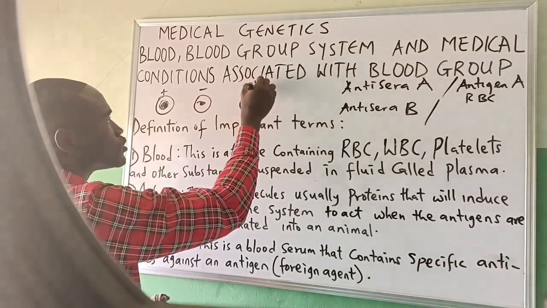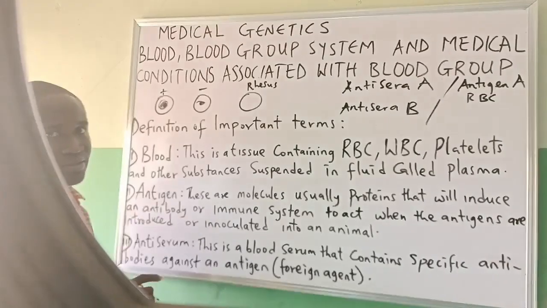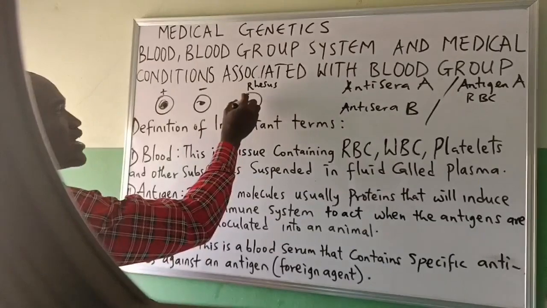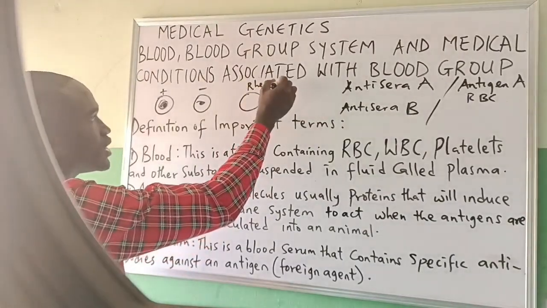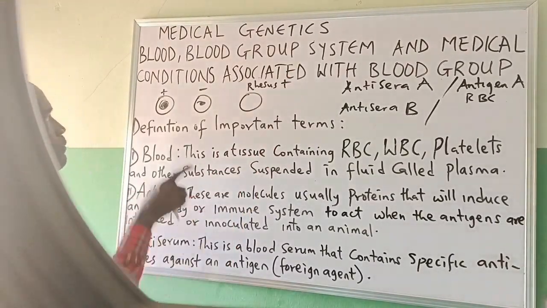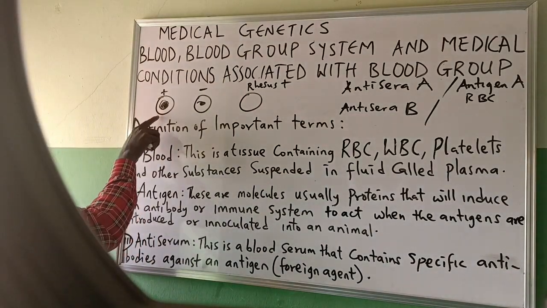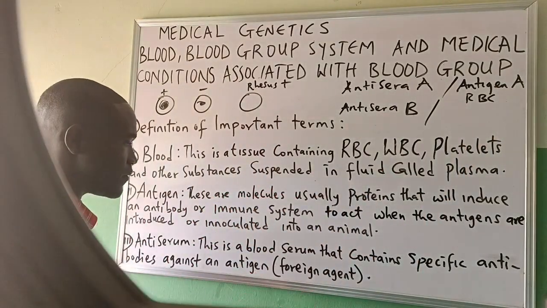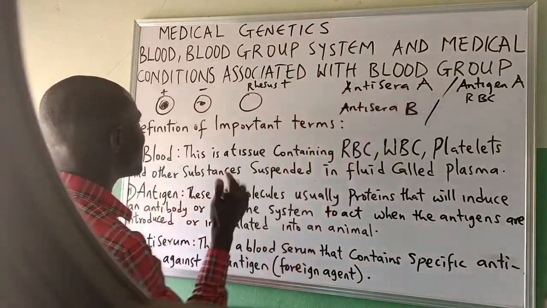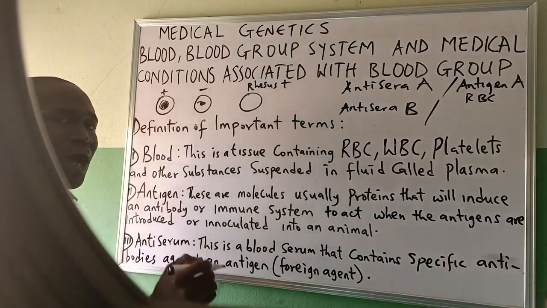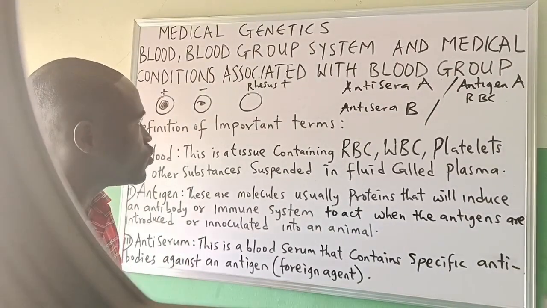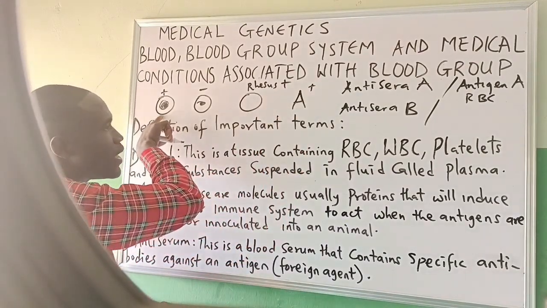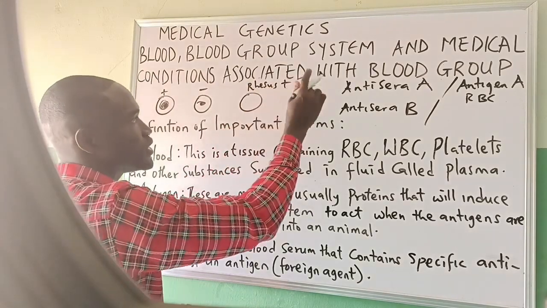Here you put your Rhesus reagent. Now, with this Rhesus reagent, if there is a reaction, you put plus. Because there is a reaction here, the reaction came up because we have antigen A, and antigen A reacts with antiserum A. So you call the individual blood group A positive.